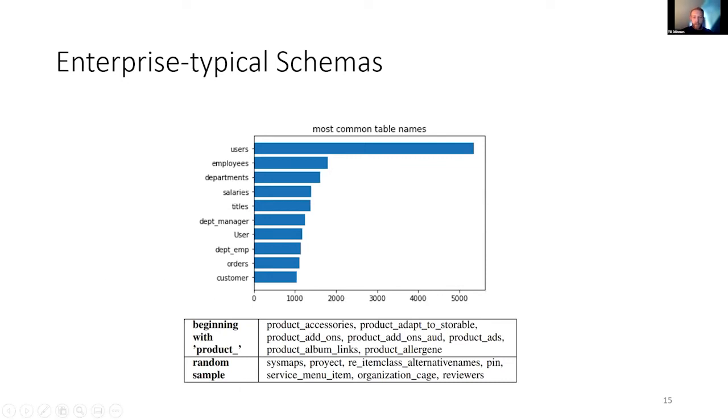At the same time, there's also a breadth to the data set. When we sample tables starting with product, we see a lot of different tables relating to products. A random sample also shows it covers a lot of different domains, from reviews to quite technical things like sys maps.